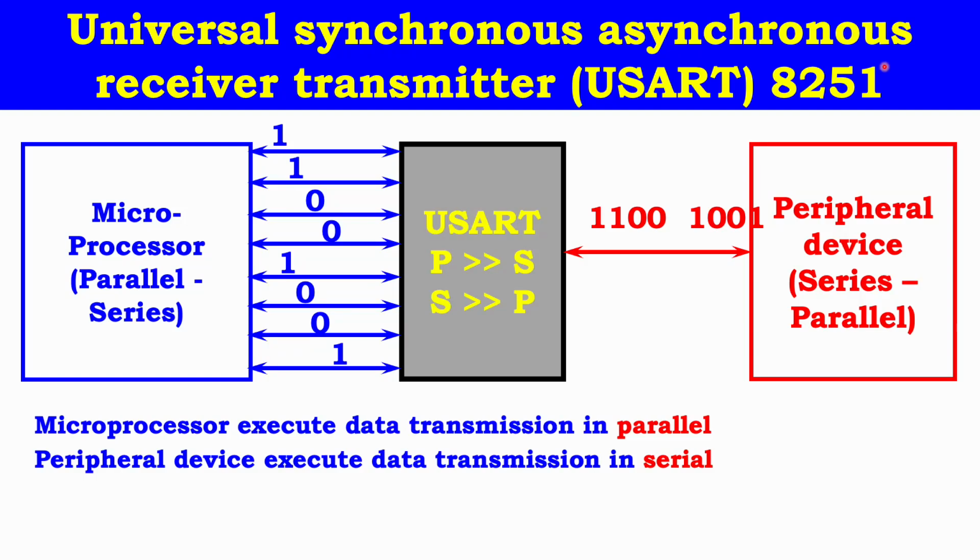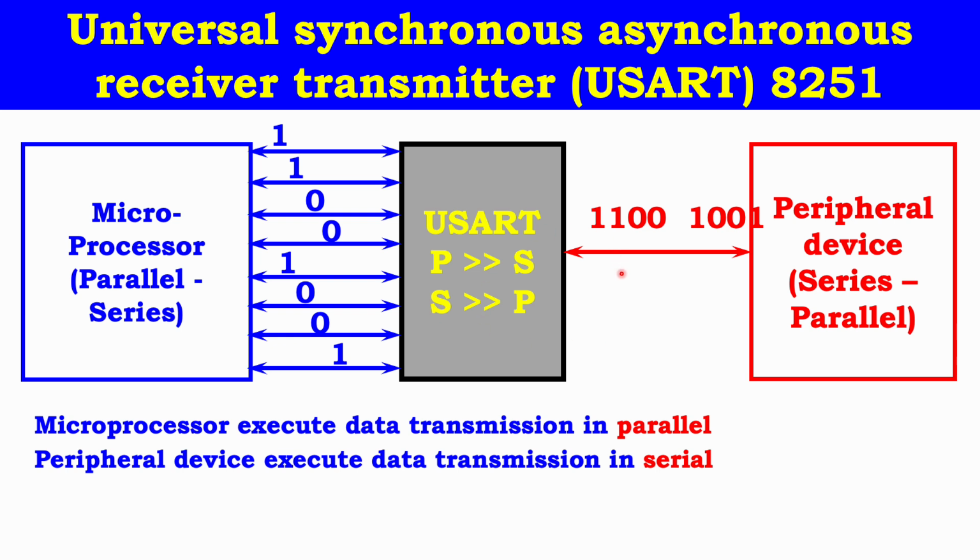Nice. Today's topic is USART 8251. Let us discuss how the USART will work to transmit and receive data with the 8086 processor. Generally, the microprocessor requires parallel data for transmission, whereas the peripheral device requires serial data for transmission.